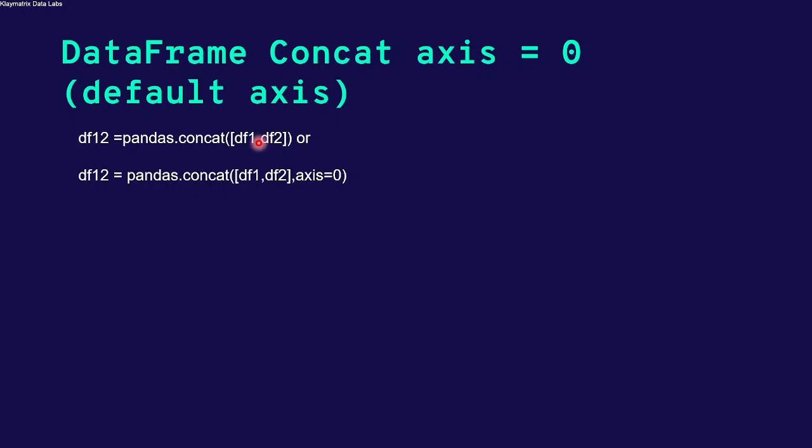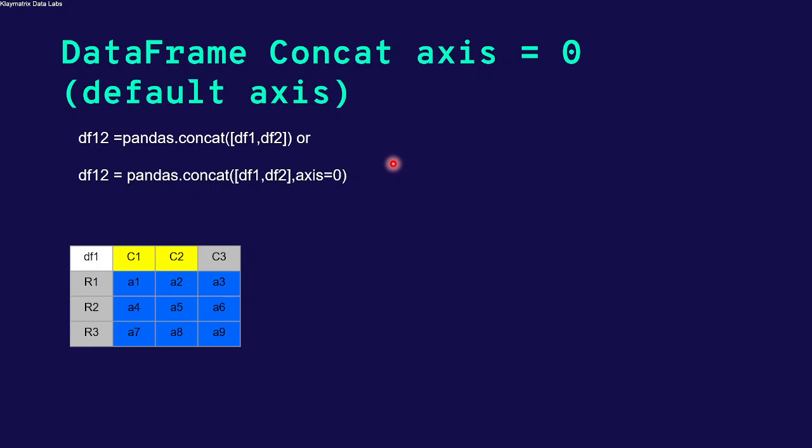Now df1 and df2 have to be passed within square brackets, which means as a list. So the data frames are being passed as a list, or this list contains different data frames. That's how it is done. And if I don't specify the axis over here, the default is axis 0.